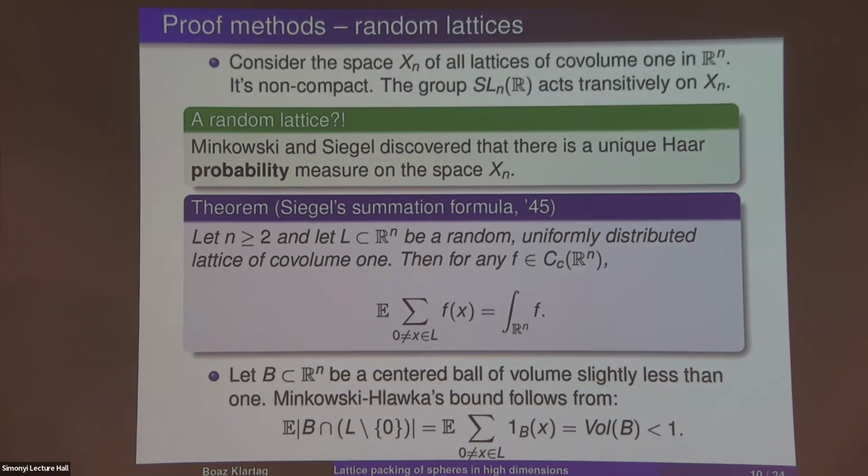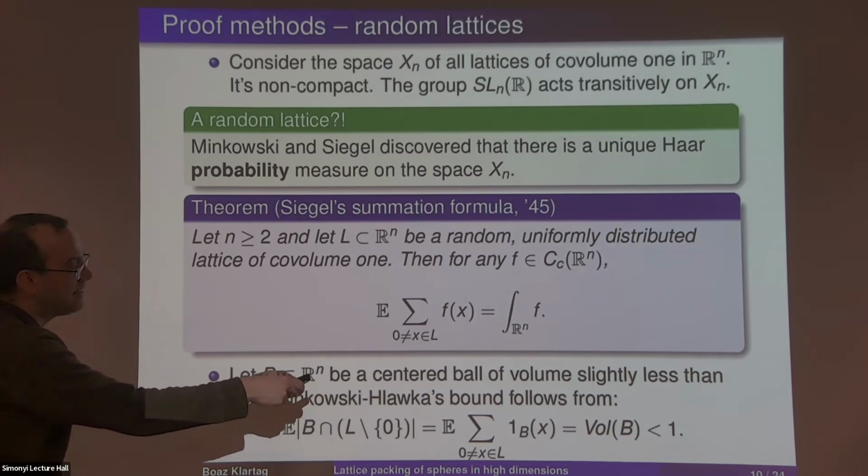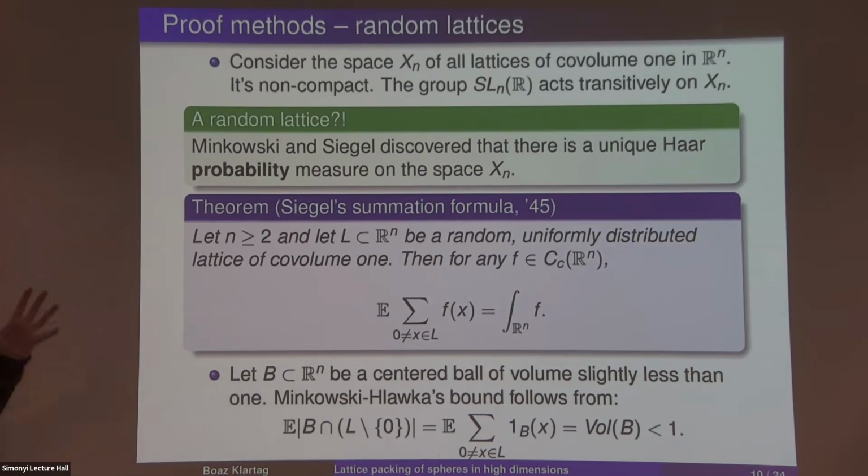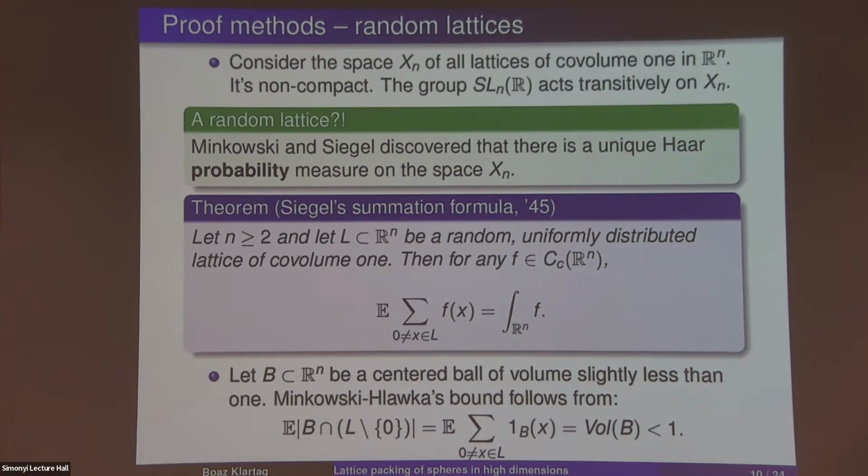And the only reasonable functionals on this space are basically the value at 0, the integral, and linear combinations. You rule out the value at 0 because you don't sum over 0. All that remains is pretty much the integral times some coefficient, and just by scaling, you see that the coefficient has to be 1. So this formula is intuitive. It's not very hard to believe or to prove, just from the fact that you have a unique probability measure on Xn.